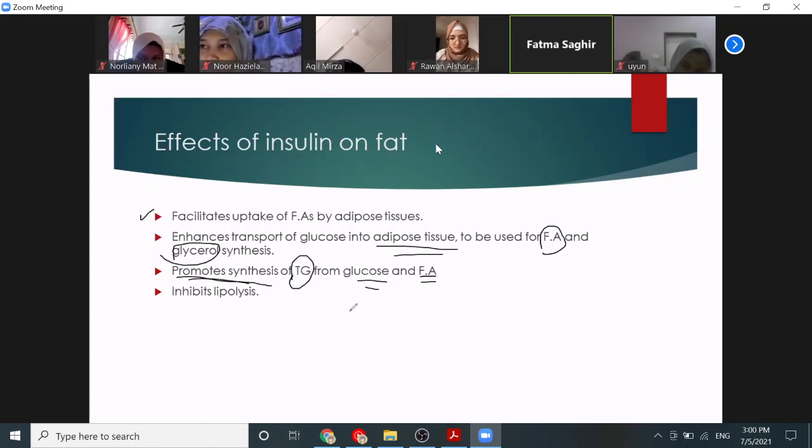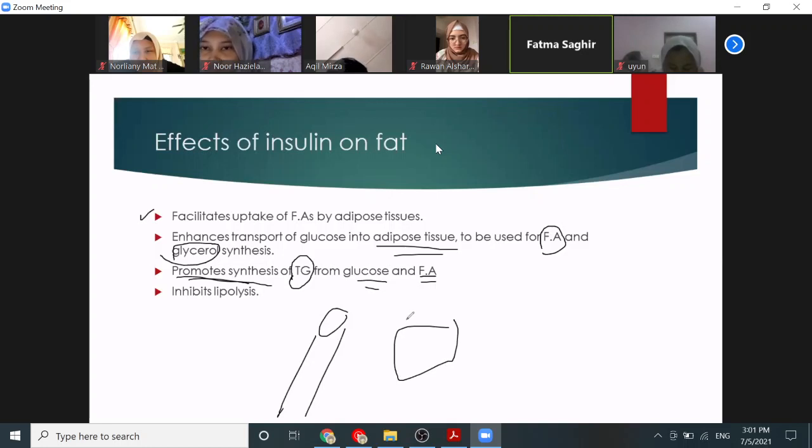So one of the things: glucose converts into fat. How? Insulin facilitates uptake of glucose from blood into adipose tissue. Okay, so here you have, this is adipose tissue and this is blood.